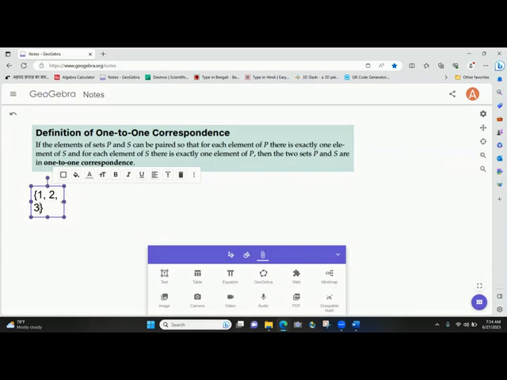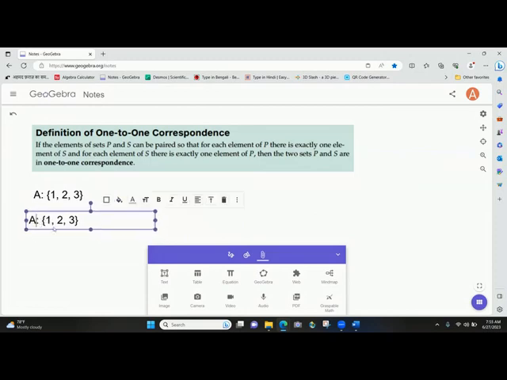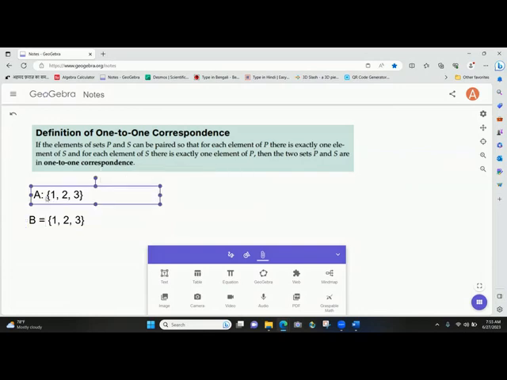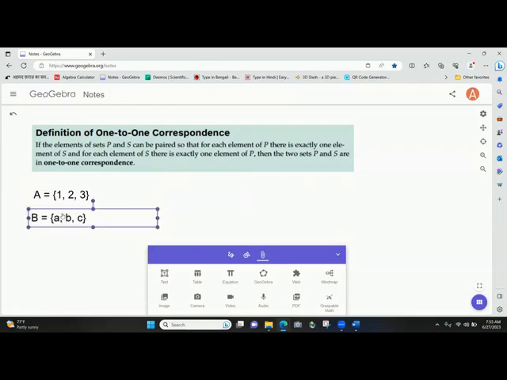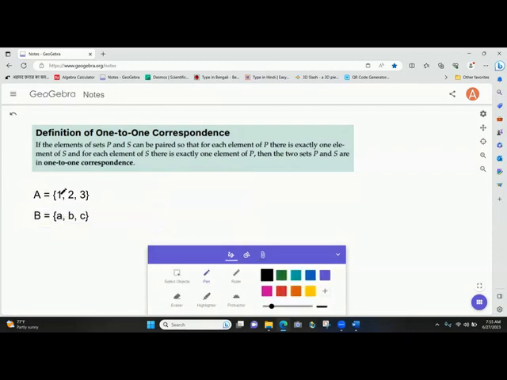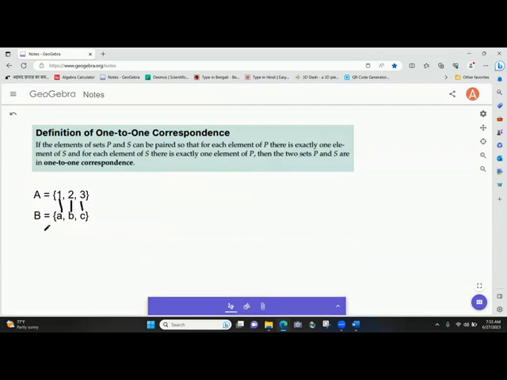Let's call this one A, and let's call this set B. Let's say this is A, B, C. These two sets have a one-to-one correspondence because things can be paired. They can be dancing partners. Let's take another set, C.